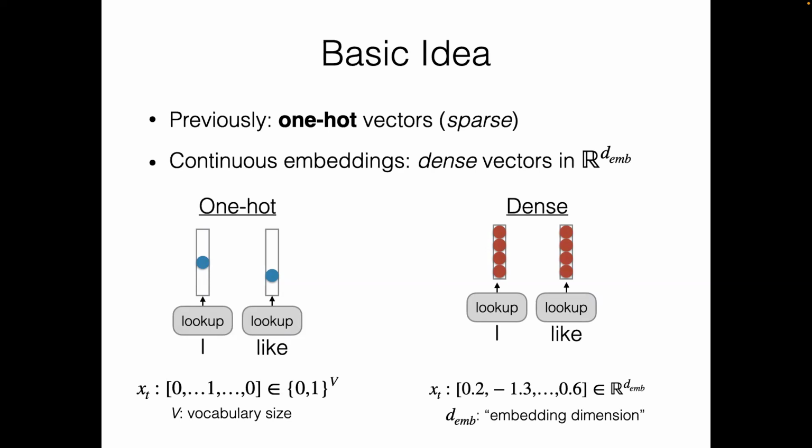It's just this vector of different numbers. And the other difference is instead of having the representation be the size of the entire vocabulary, now we can define this embedding dimension, so the size of this dense vector, and it can actually be much smaller if you want than the vocabulary size.